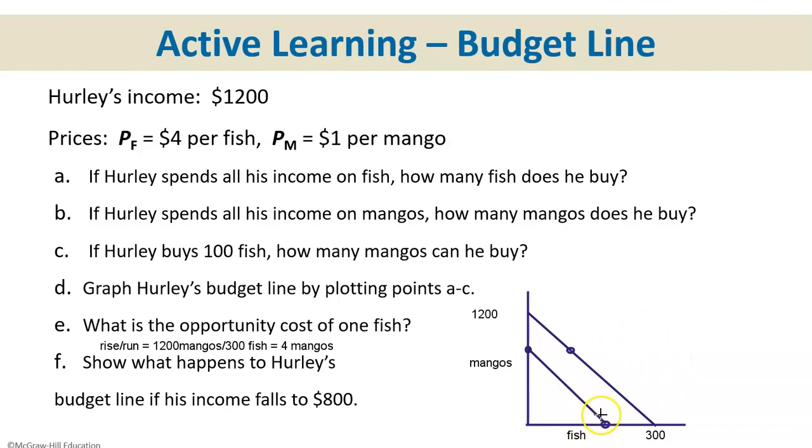And what actually happens here is you can see all of this area in here. This is points where Hurley before was able to purchase that amount. Those were attainable points. Now that he has a decrease in income, all of these points here now are unattainable because he can't afford them anymore.